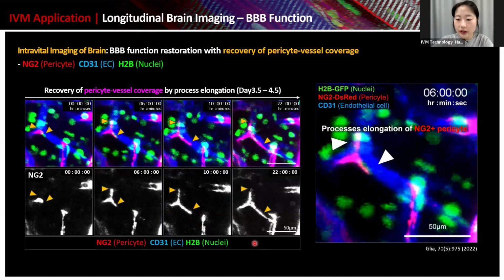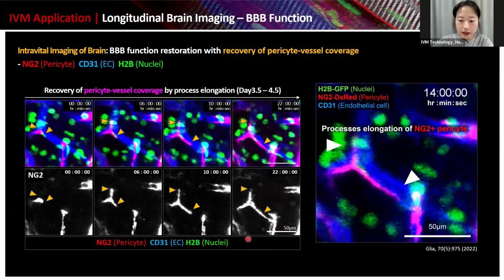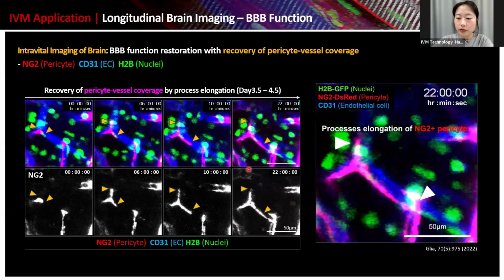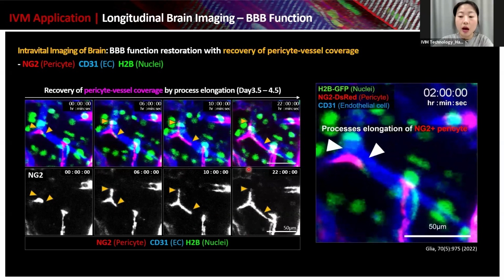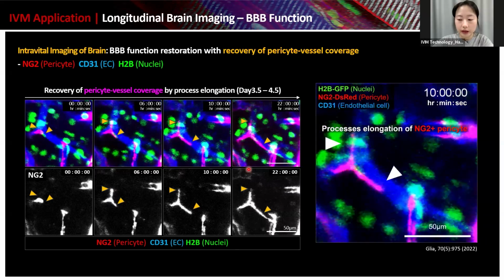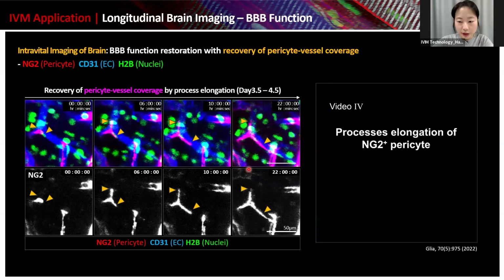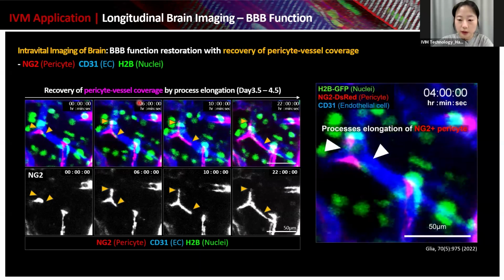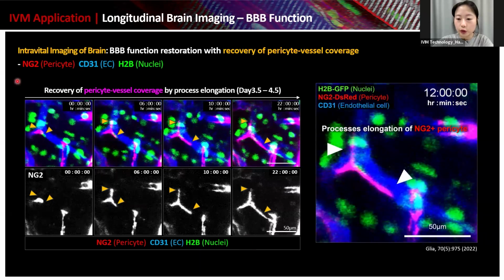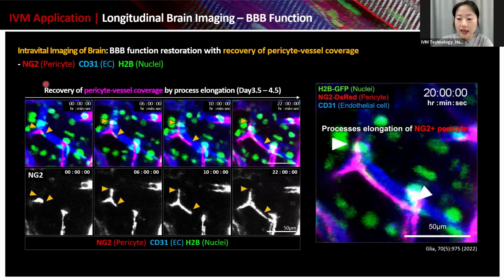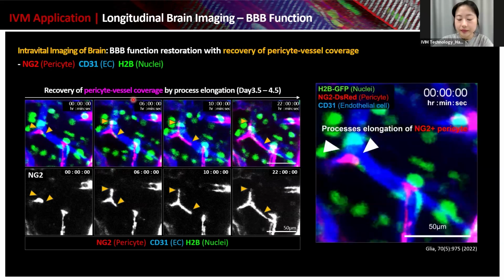At this stage, having observed signs of BBB recovery, we aimed to identify which cell types might be contributing to this restoration. To do so, we used mice expressing fluorescent signals specifically in NG2 positive pericytes and in the nuclei.